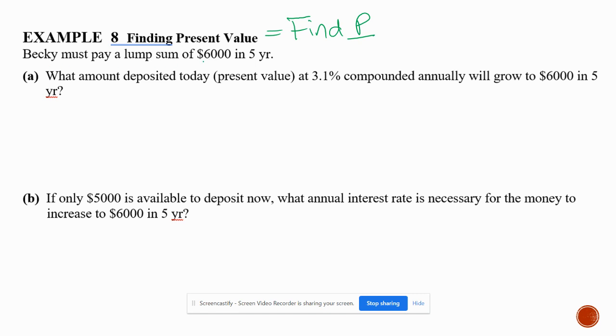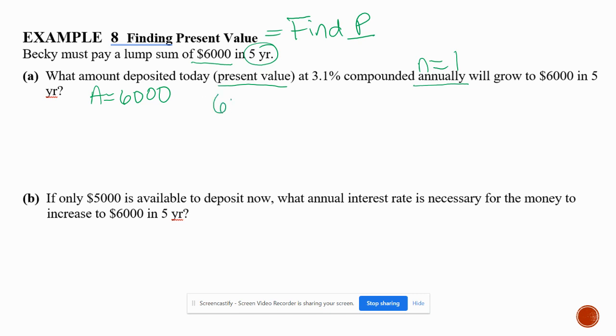So Becky has to pay a lump sum of $6,000 in 5 years. Our A then is 6,000. How much would you have to deposit today, P, at 3.1% compounded annually, so N is 1, to grow to 6,000?